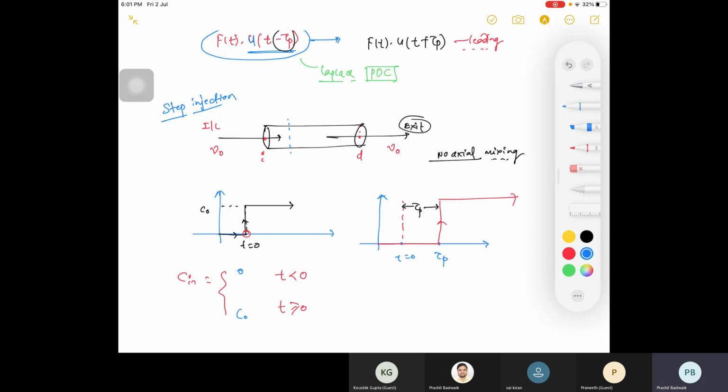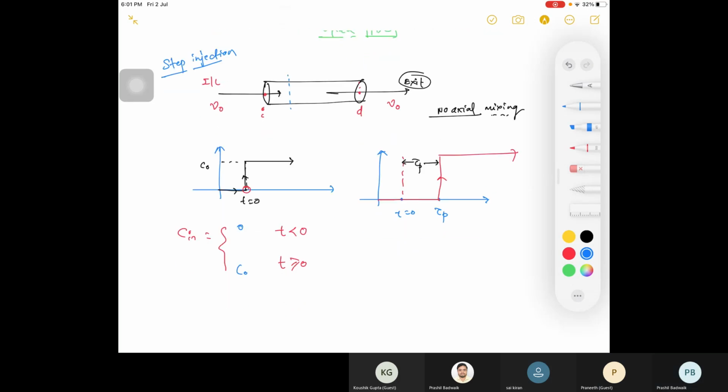And it is your C naught. So your exit will be similar to this: C out is equal to 0 when time is less than tau p, and you will have concentration C naught at the exit. You write this is C naught, greater than or equal to tau p.